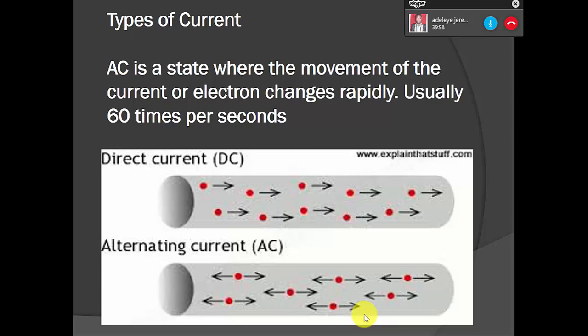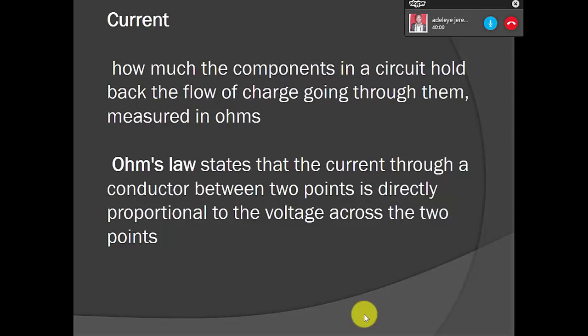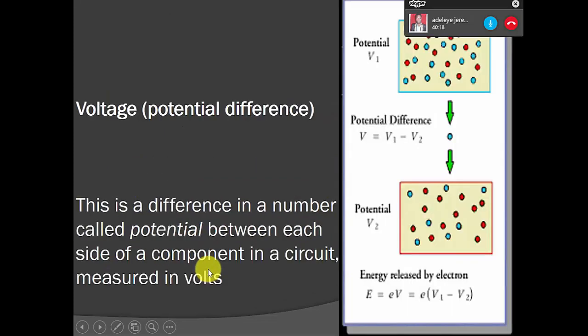Now, there are other laws. There are laws of current, which is stated by Ohm's law. So Ohm's law states that the current passed through a conductor between 2 points is directly proportional to the potential, which is also called the voltage.